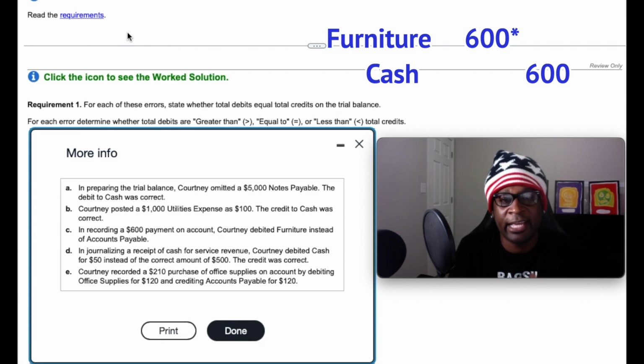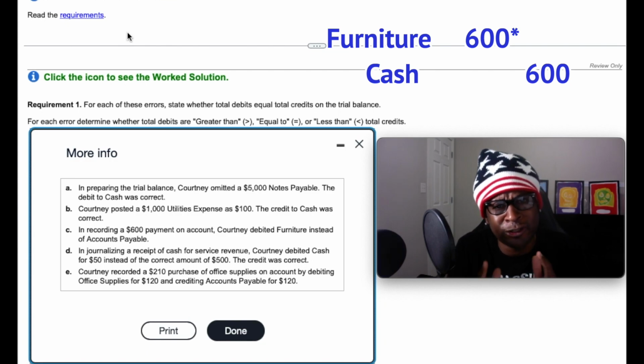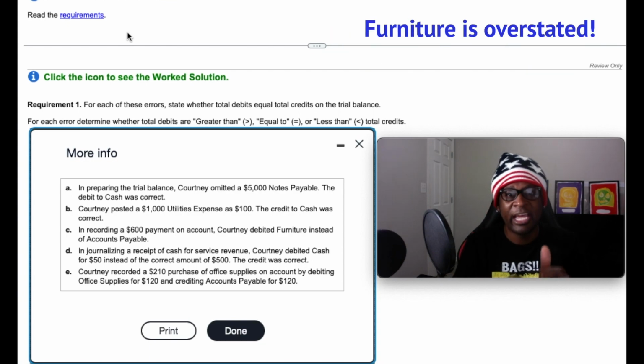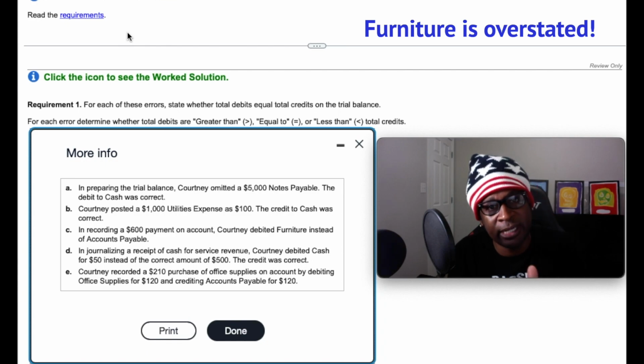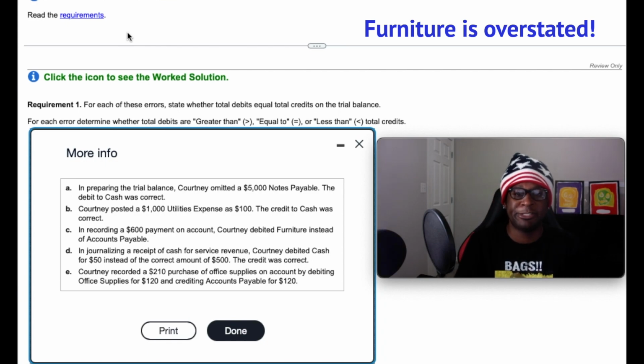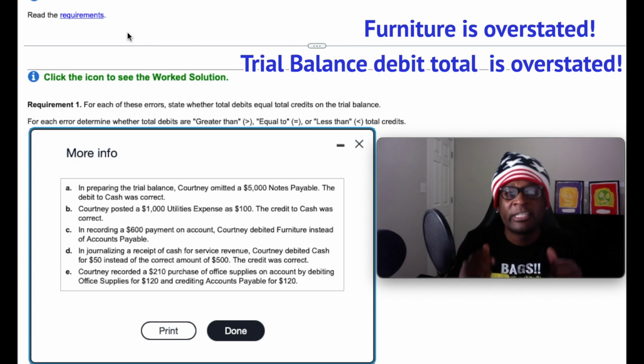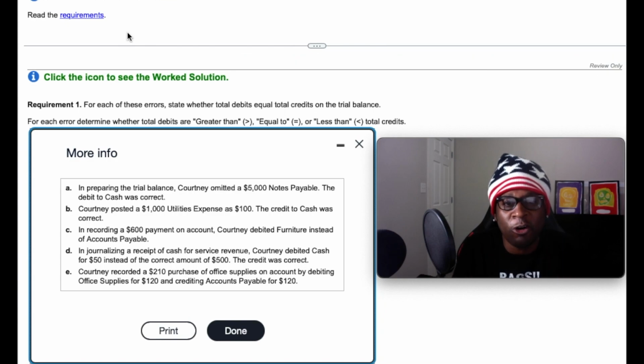So in terms of her assets, particularly furniture on the trial balance, it's going to be higher than what it should be. And since it's an asset, her debit column will be higher than what it should be. What about that accounts payable? Well, since she refused to record the accounts payable, and in this particular journal entry, she was supposed to decrease it.